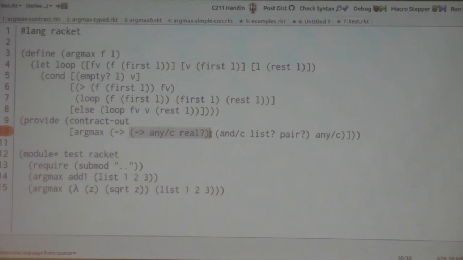So contracts as a specification discipline are characterized by a few things. One, they're programs written in the same programming language that you've already got.